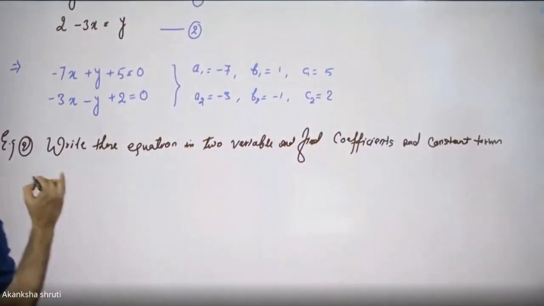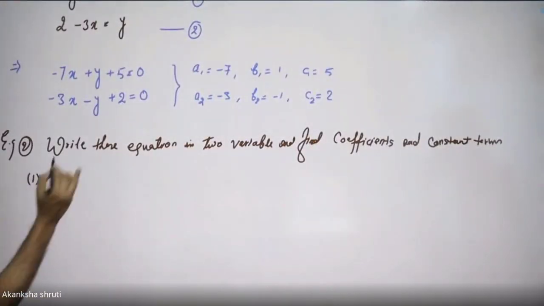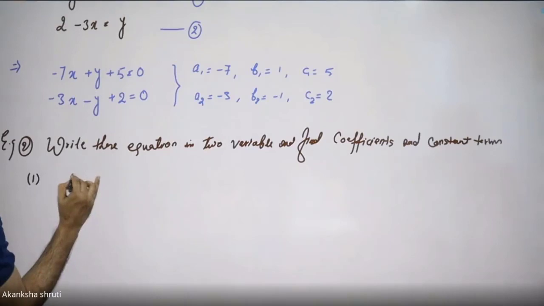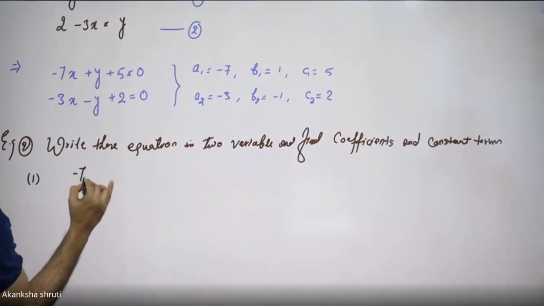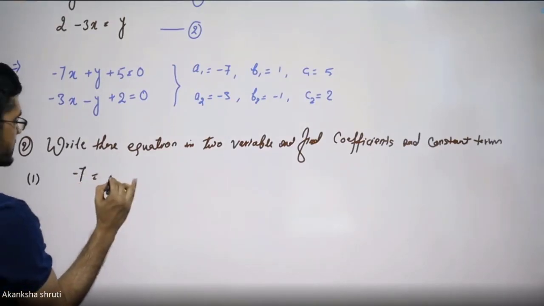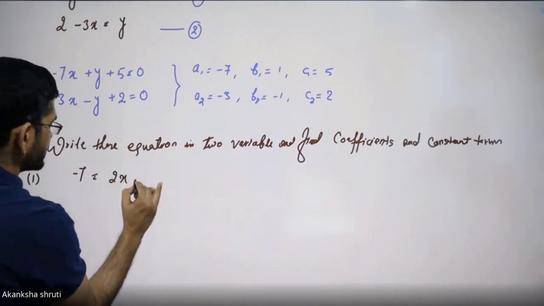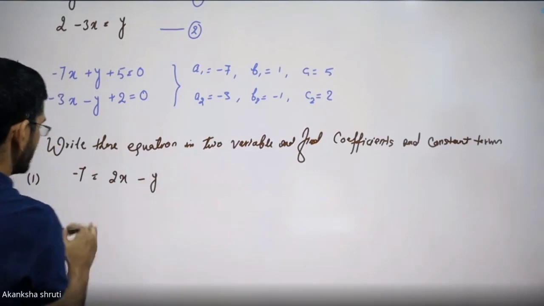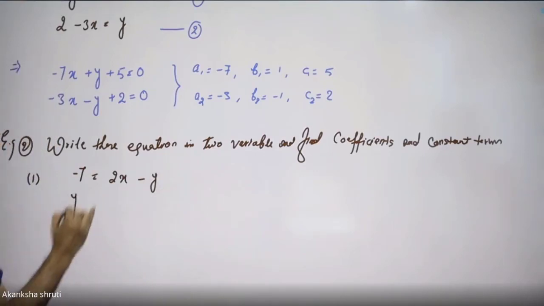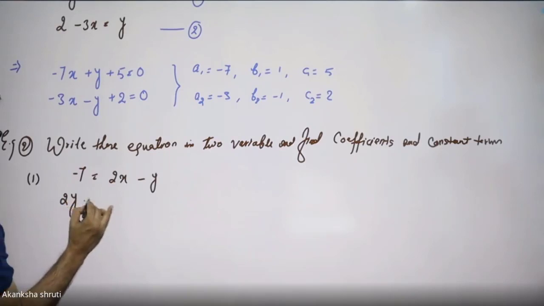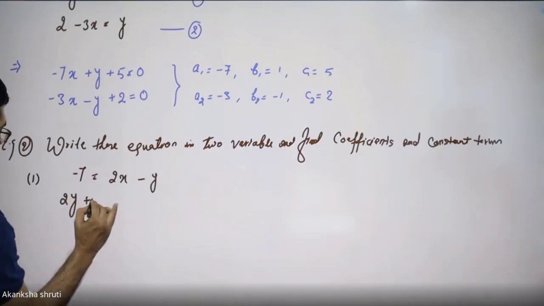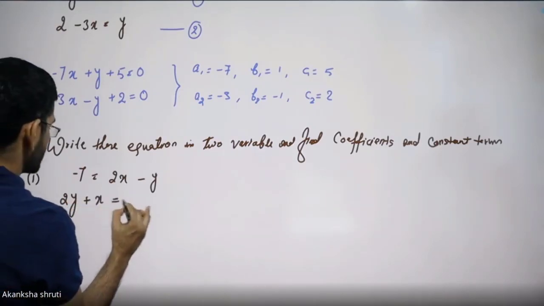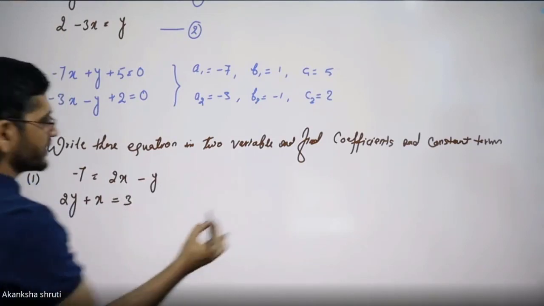Let us take the first pair as: x minus 7 is equal to 2x minus y. The second one is 2y plus x is equal to 3.